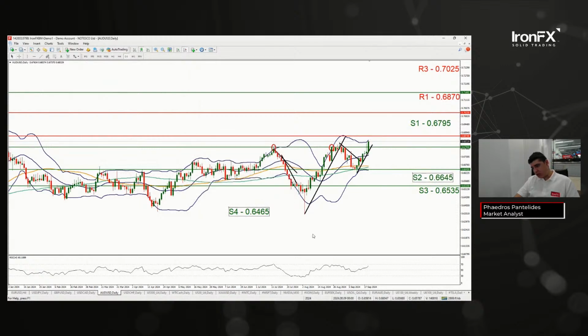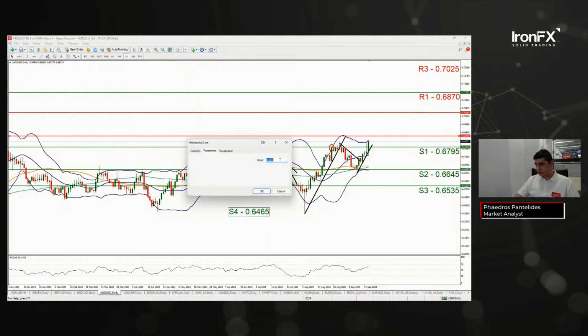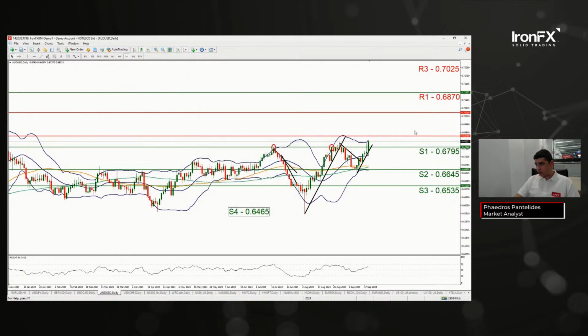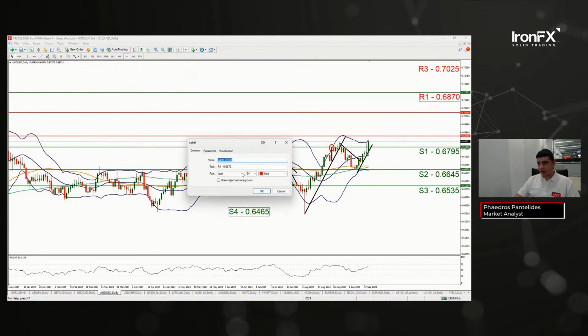The RSI is above 65. Bullish market sentiment, upward moving trend line. It's quite steep, but still valid. So we are maintaining a bullish outlook for the particular pair.